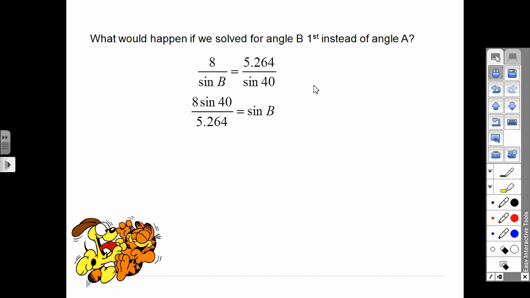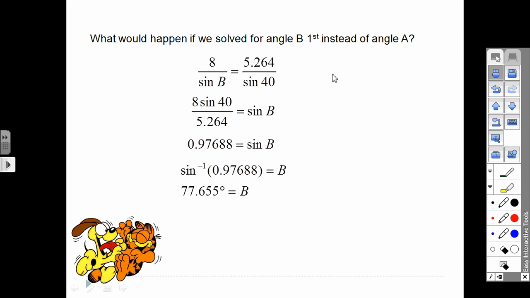Work it out, do the math. Okay, do sine inverse. Oh, look at that. Angle B comes out to be 77 degrees, some odd minutes, 77.655. Definitely not the 102 degrees, 22 minutes. Isn't that curious how they both came out to be different angles? One was obtuse and the other was acute.